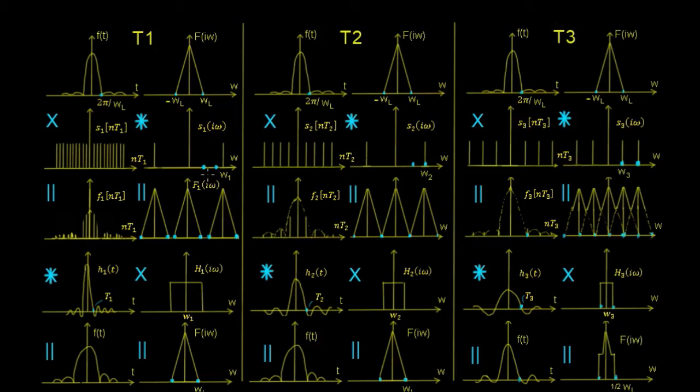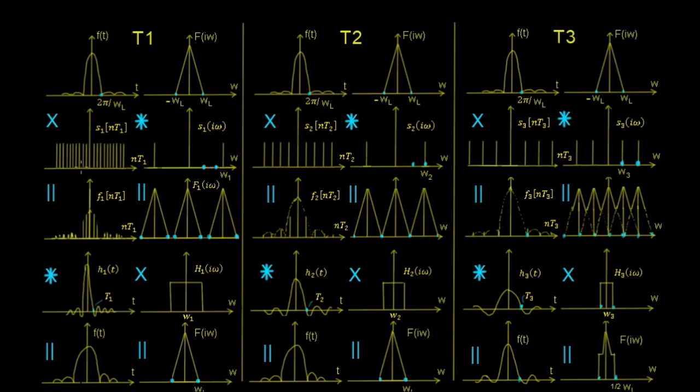Now the thing to notice in this figure here is the two little blue dots. The first blue dot here is just the distance omega L, and the second blue dot is going to be a value of 2 omega L, so that's just omega L times 2, which is this distance here.